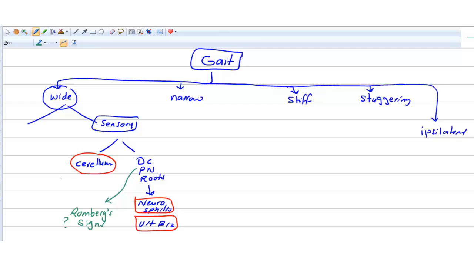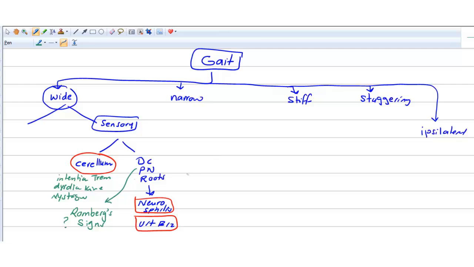So you have an intention tremor, right? You have dysdiadochokinesia, and you have what else? Nystagmus. So he has to tell you some other stuff to make it cerebellum for you. All right, so it will not be so hard.